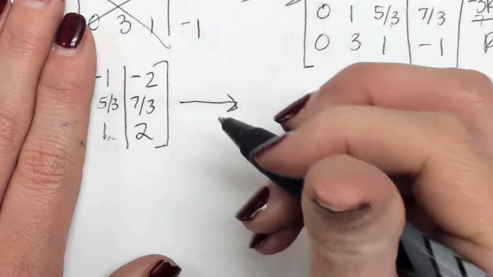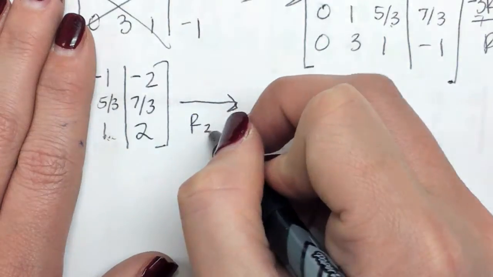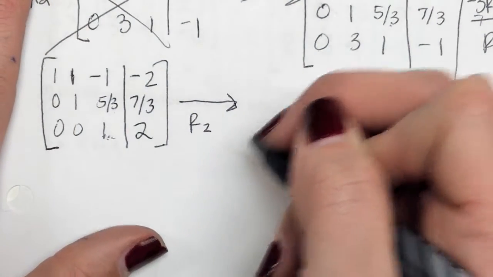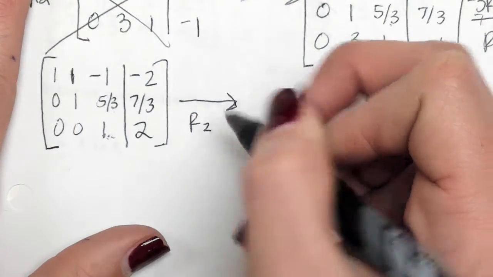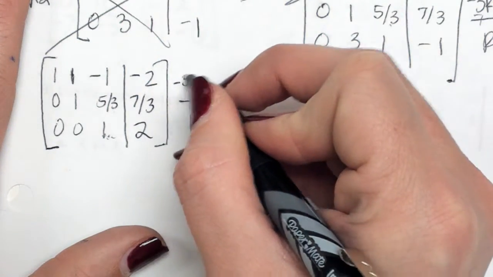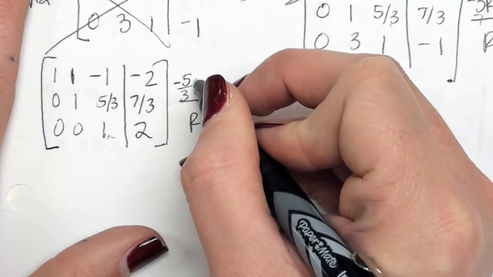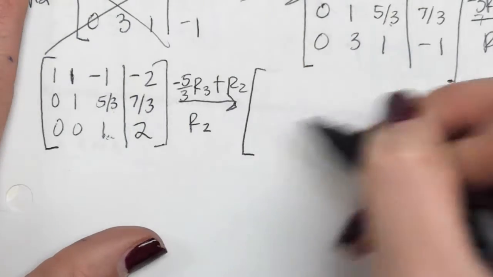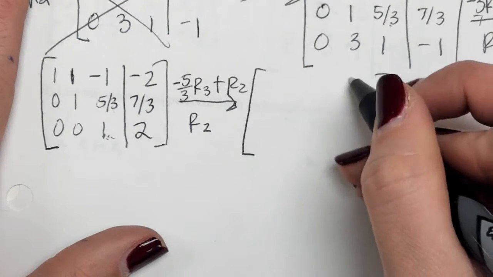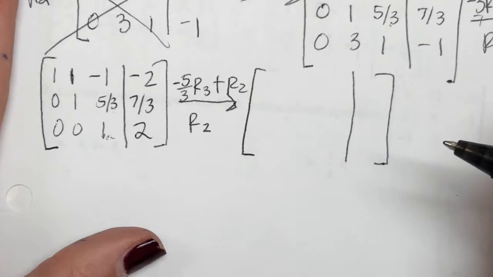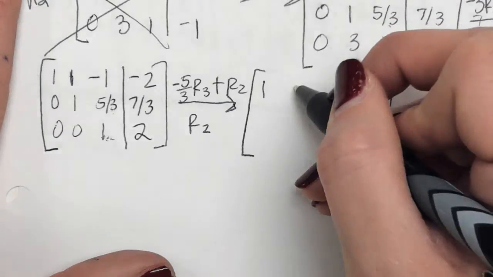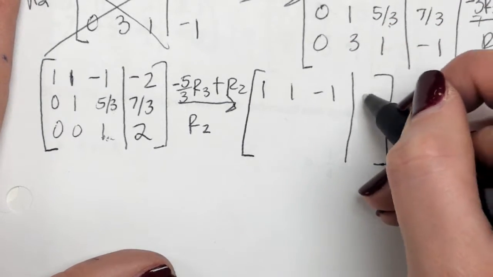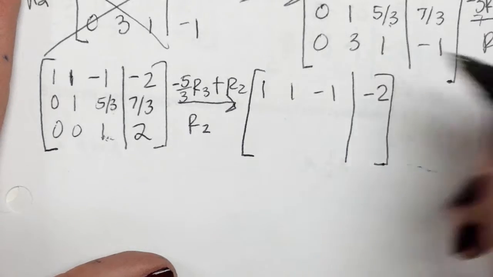Alright, so we're changing which row? Row 2 by multiplying what by what? Times row 3, good, plus row 2. Alright, so I'm leaving row 1 the same and row 3 the same.